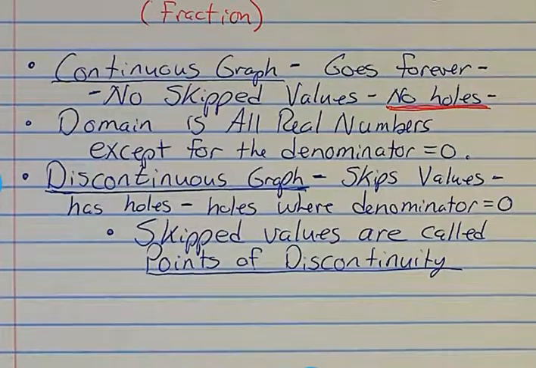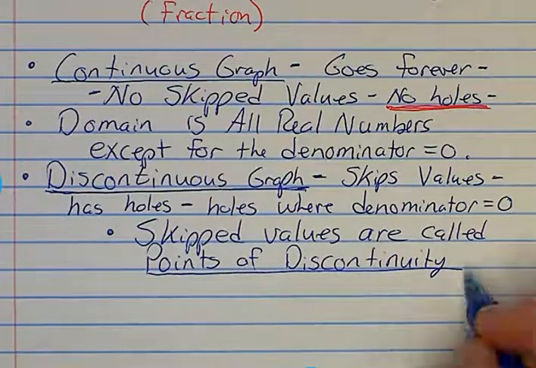So that's a mouthful. The standard version is we call them holes. The technical mathematical term is a point of discontinuity, which hole is just a lot easier to say. So that's why we call them that.